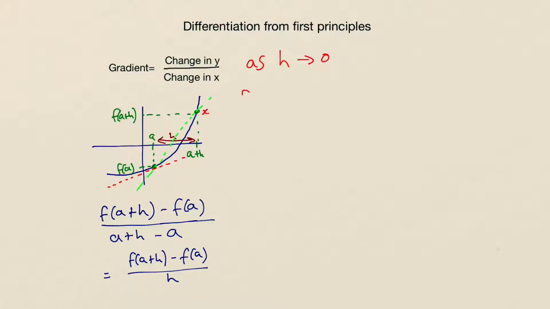So the gradient is equal to the limit as h tends to 0 of f of a plus h minus f of a all over h.